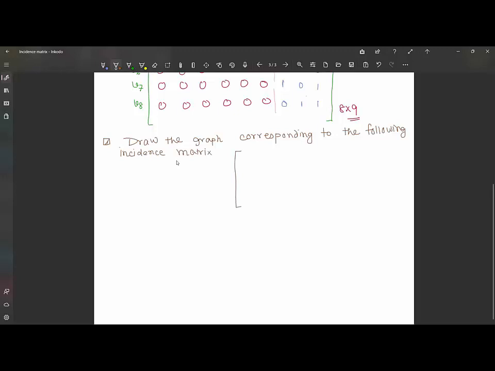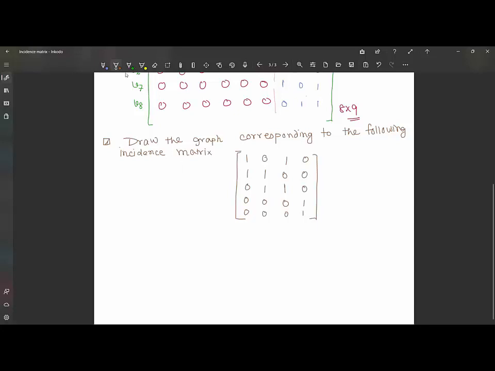Suppose your incidence matrix is given as 1 1 0 0 0, then 0 1 1 0 0, then 1 0 0 1 0 1 0 0, and then 0 0 0 1 1. Suppose this is the incidence matrix.